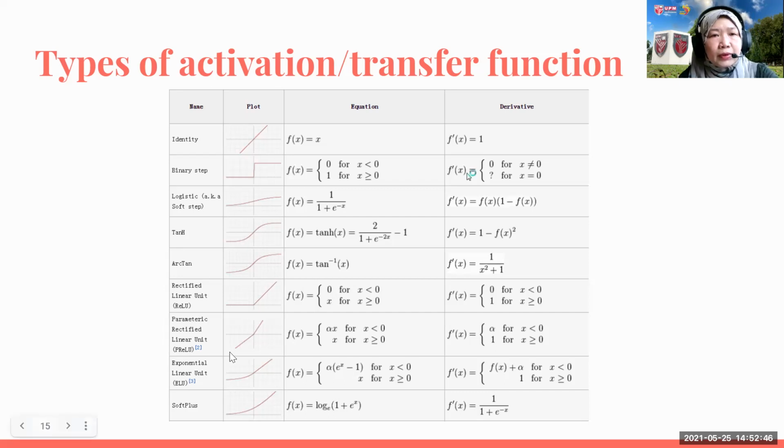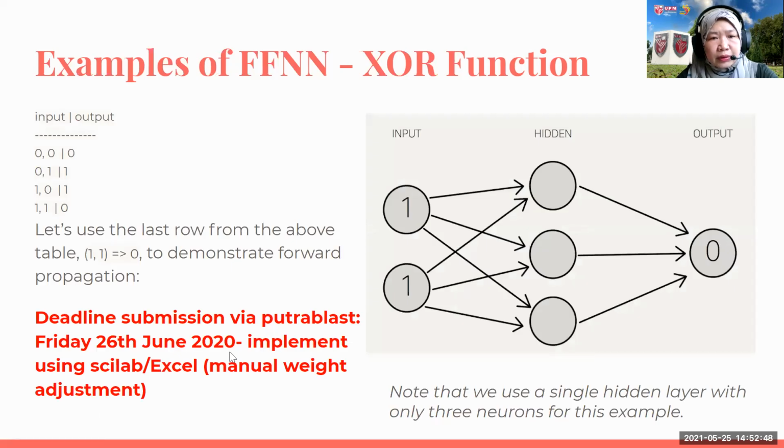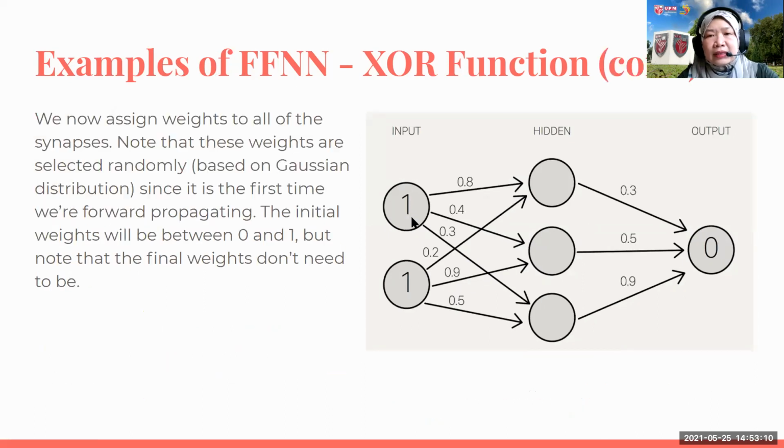Okay, just ignore this one, I forgot to delete it. However, this is one of the problems that is non-linear. What this slide shows is how the process can be done manually.